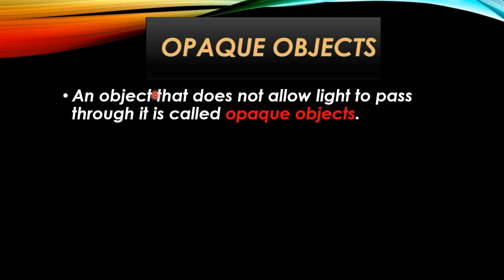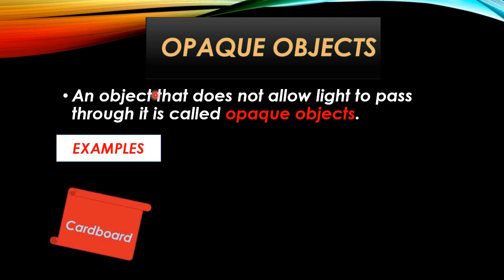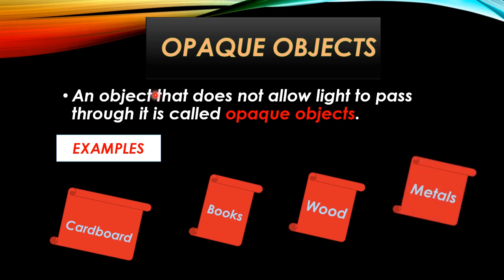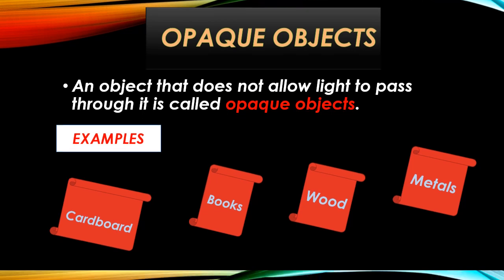Let us study it with examples. First is cardboard, books, wood, metals. These all are the examples of opaque objects. You cannot see anything clearly. You are not able to see anything beside this. So let us study more examples of opaque objects.